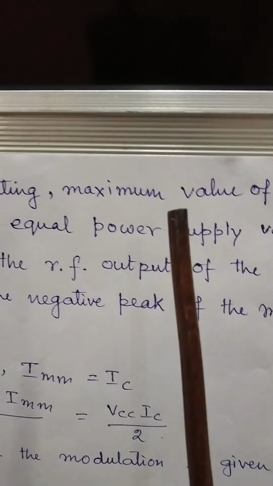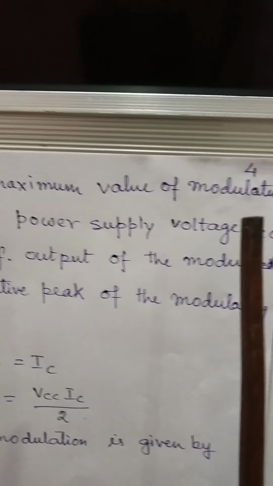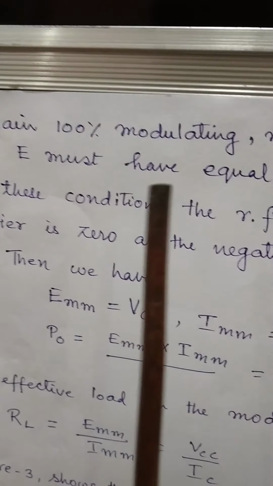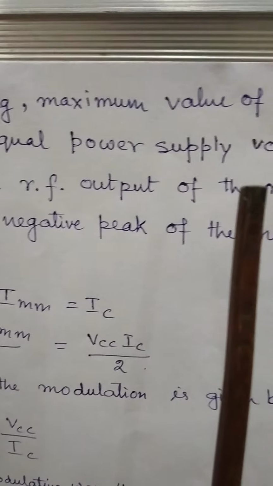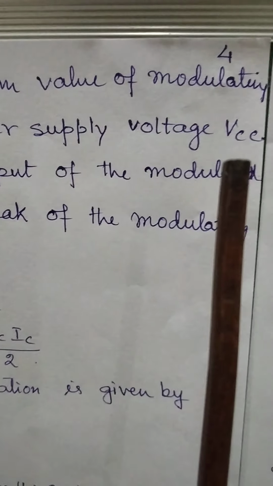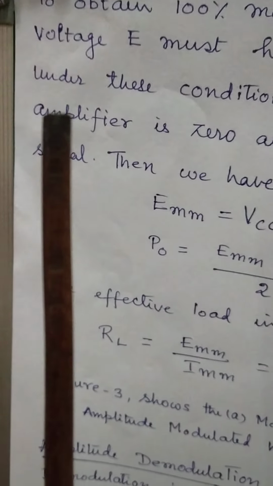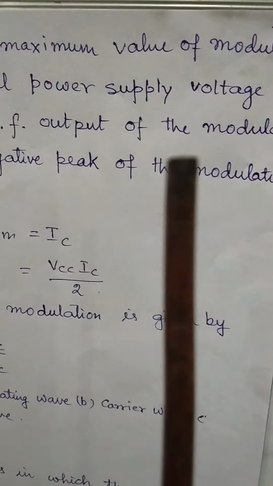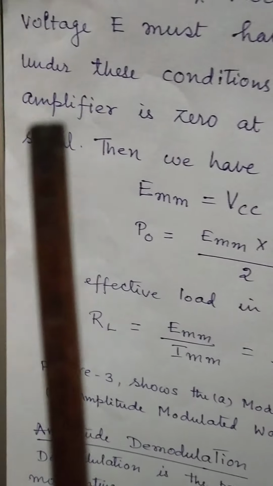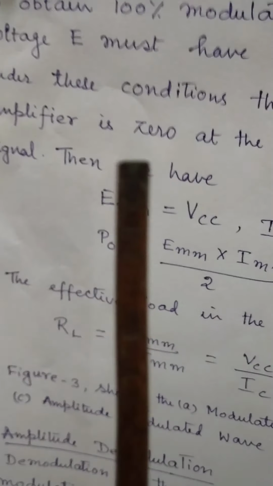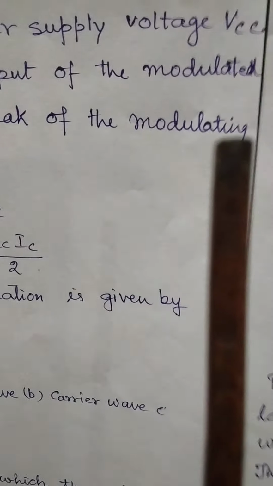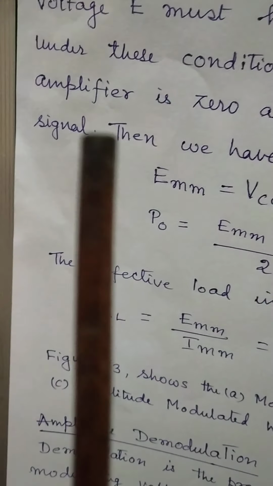To obtain 100% modulation, the maximum value of modulating voltage E must equal the power supply voltage VCC. Under these conditions, the radio frequency output of the modulating amplifier is 0 at the negative peak of the modulating signal.